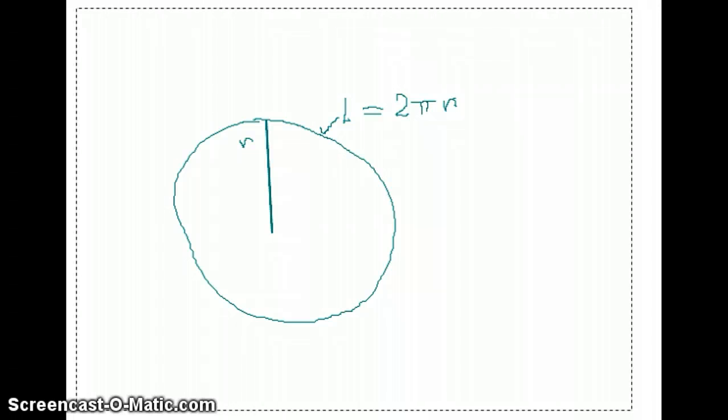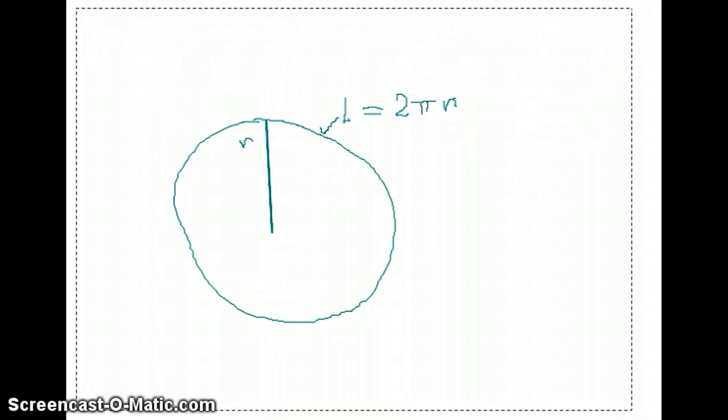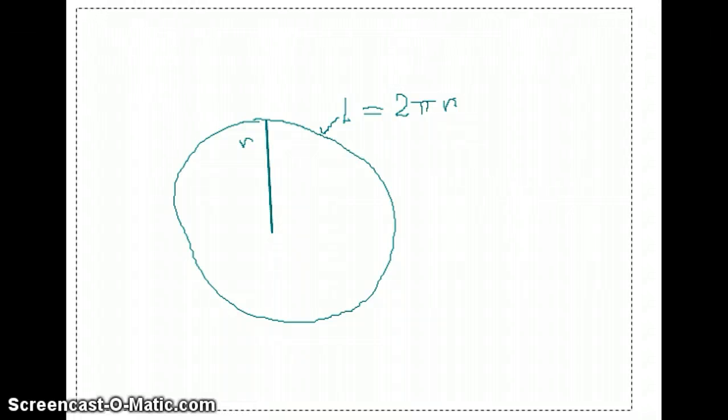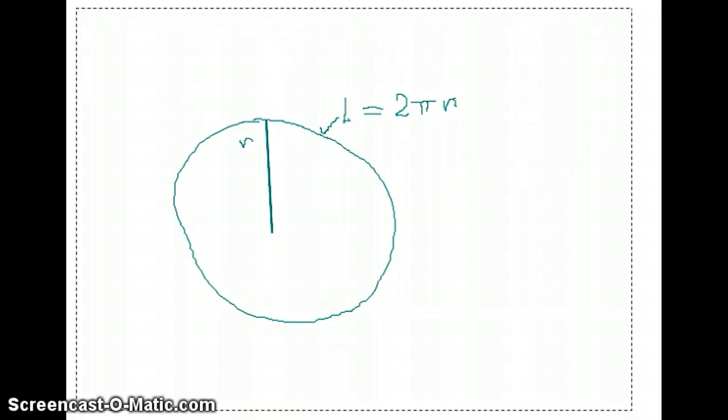The circumference of the circle is 2 pi r, 2 times pi times the length of the radius. The full circle is thus 2 pi. The angle of the full circle is 2 pi.